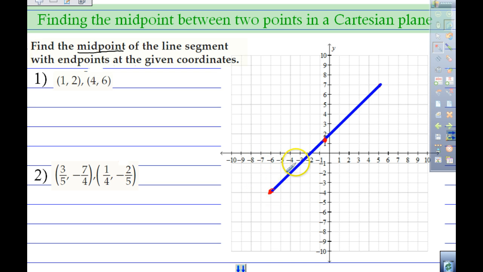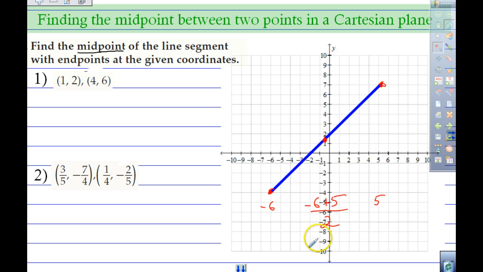So what you're doing is finding the average. You're finding the average of the x's, find the average of the y's. The average is the mean is the middle. So what's the middle of negative 6 and 5? What's the exact middle of those two? Alright, so I'll do negative 6 plus 5 divided by 2.